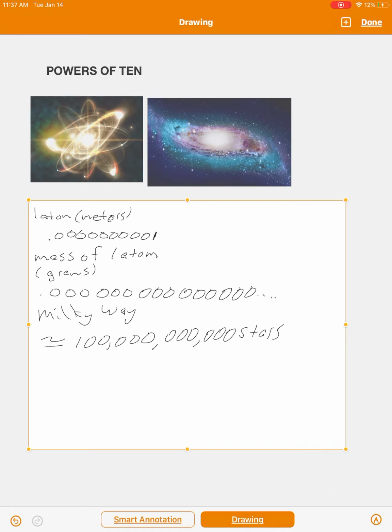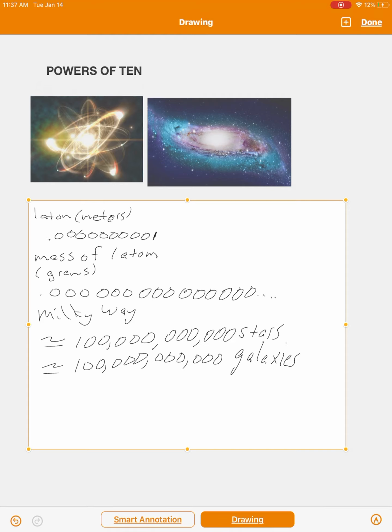And if we use all of the tools available to astronomers, they have determined that our star, which is out somewhere in one of the spiral arms of our galaxy, is part of a universe that has probably around 100 billion galaxies. So the number of stars in one galaxy we'll approximate as 100 billion.